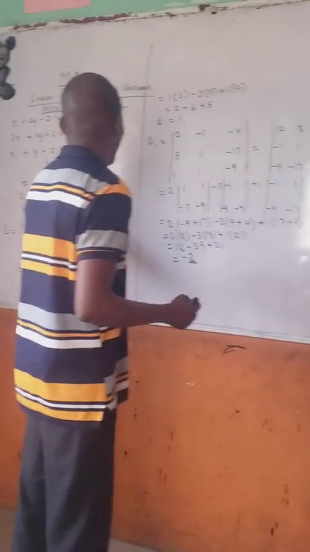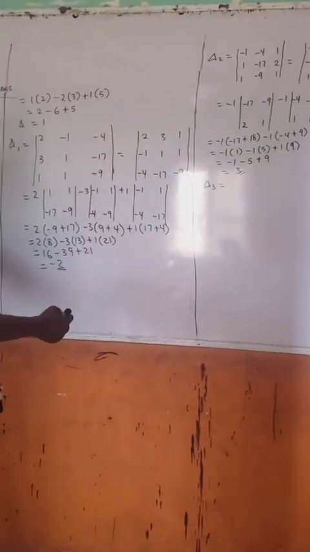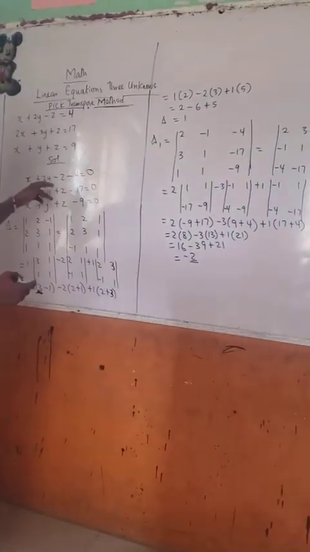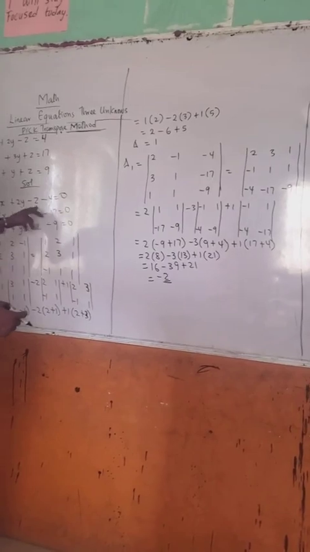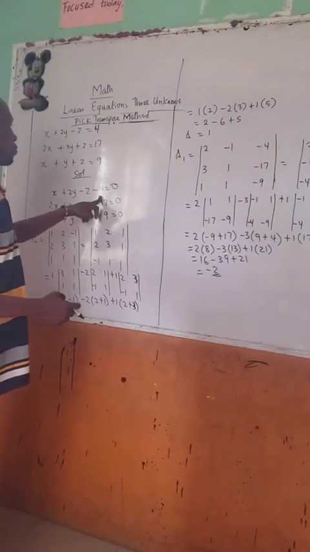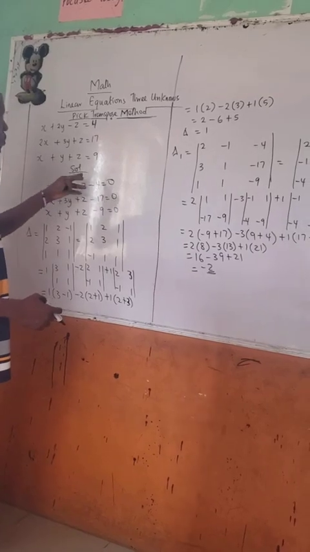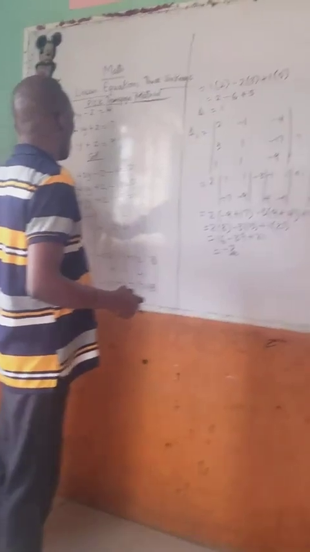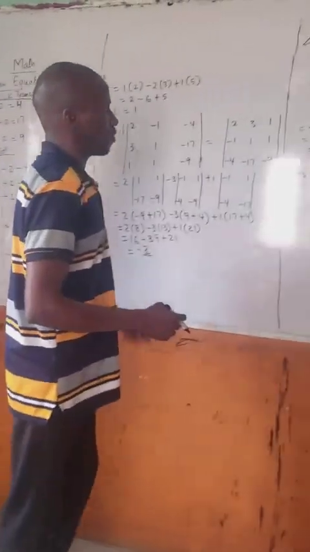So from here, let's get delta 3. For us to get this, we change the third column coefficients. Now from here, we leave the third column coefficient, then we pick the next 3 column coefficients. That is the fourth, the first, and then the second column coefficient.